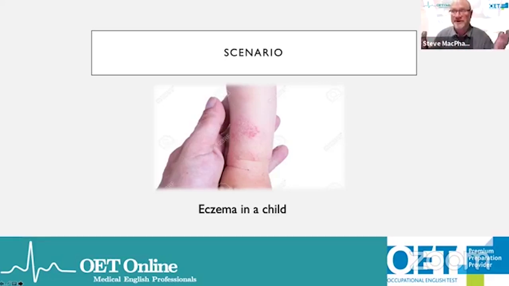And then it's simply up to you to expand on that, into more detail based on, A, what the patient asks you, and B, what knowledge you bring to the task itself. But it's not a test of your medical knowledge at all or experience. Normally, you just have to expand further on the information given.